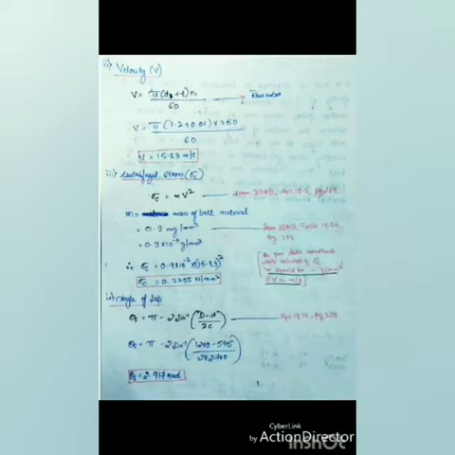Once you have the velocity, the next step is to find centrifugal stress. Sigma C equal to m v square, that is equation 18.5, which is in the data handbook page number 269.